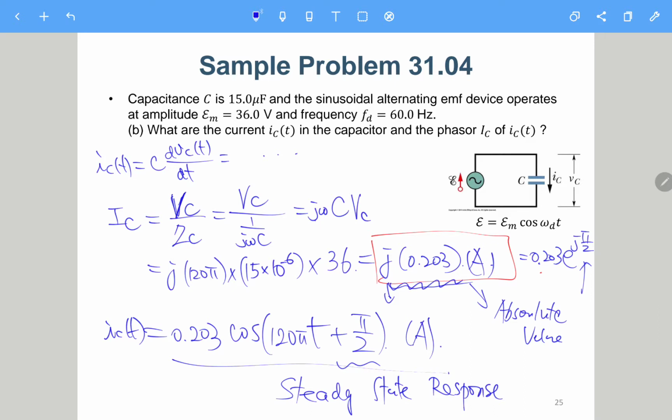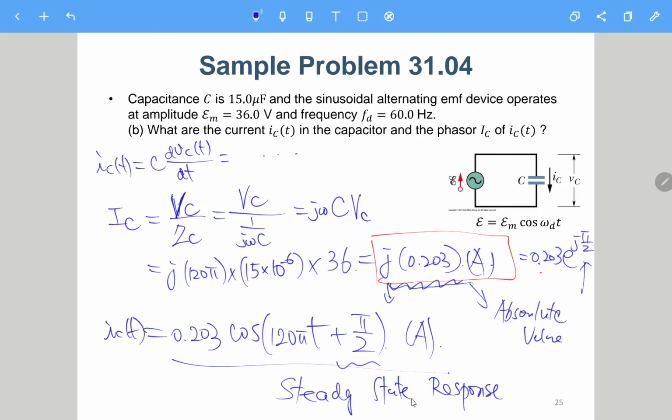For this case, maybe you can just take the derivative and then you can find the answer. But if the circuit is much more complicated, using the phasor will make it easier to get the steady state response. If you don't use it, probably you need to write the constant coefficient ODE and then try to solve for the particular solution and the homogeneous solution, and then plug in the values.